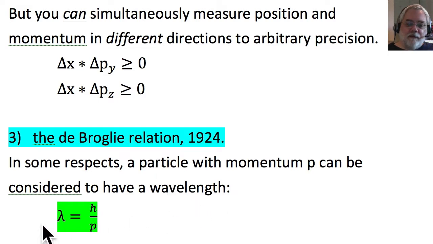And the wavelength lambda has value h over p. Now this h is not h bar, it's h. Let's look at the units. h has units of momentum times position or distance. So if we divide out the momentum, we end up with a distance, and wavelength has units of distance. So unit-wise, it works fine.